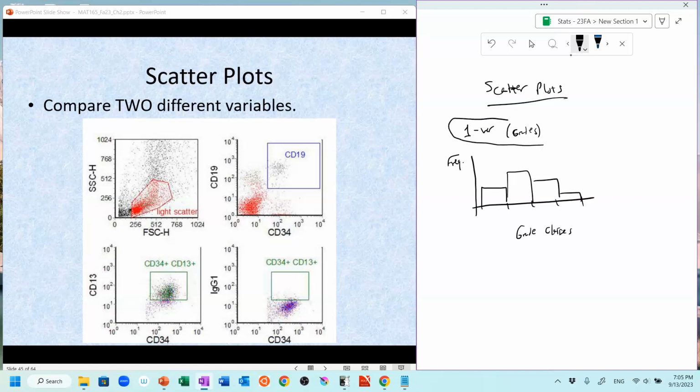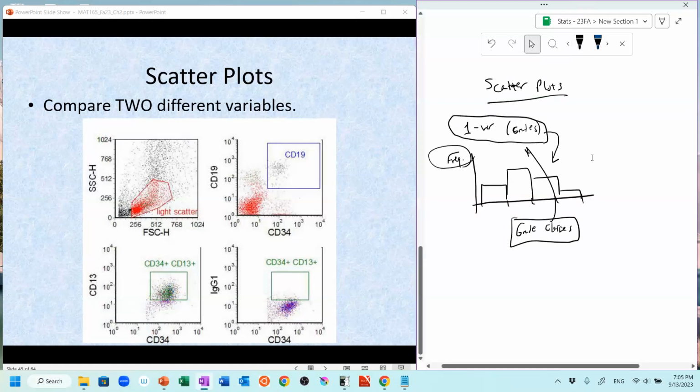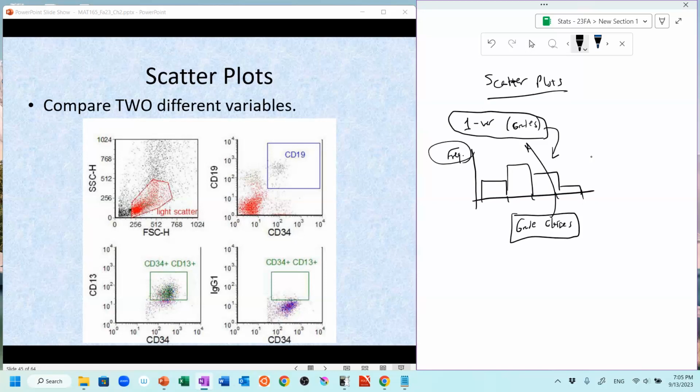So we're looking at data from a single variable, and plotting it on this two-dimensional graph, where one of the axes was directly related to that variable, and the other axis was kind of just a counting number. Scatter plots are different though, because scatter plots are looking at two variables.